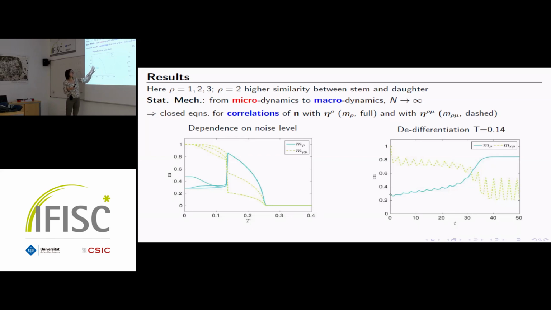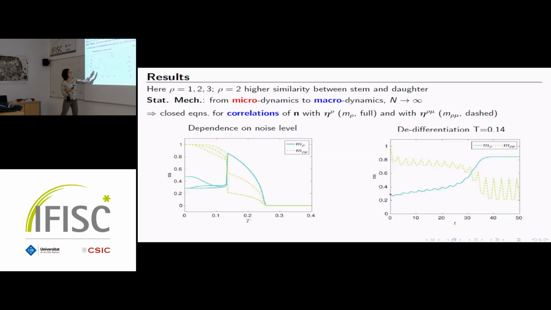And again, there is some resemblance with the stem cell as well, again because of the correlation existing between the two. So there are three curves, one for each stage of the cell cycle, okay? And then in this phase, basically two of them collapse onto each other, and there is a single one, which is the phase rho 2, the more similar, which is more similar to the stem cell.